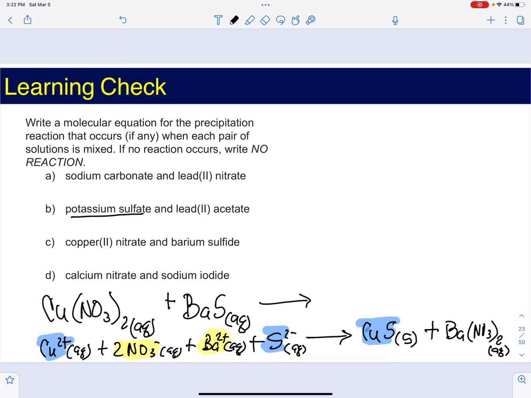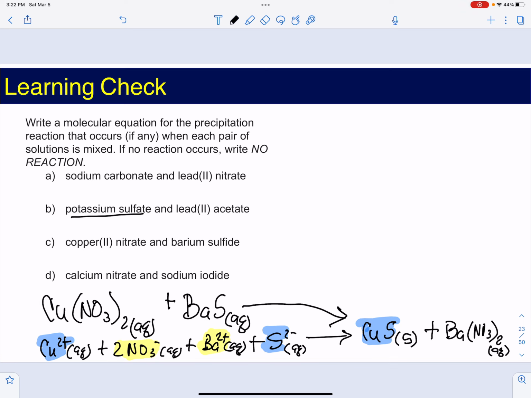Let's double check that everything is balanced. So this is basically the way this is going. So this here produces that. So one copper, two nitrates, one barium, one sulfide. And that would be my precipitation reaction.